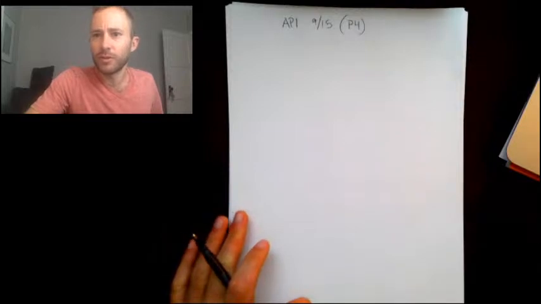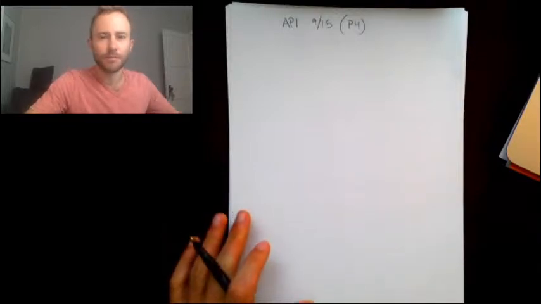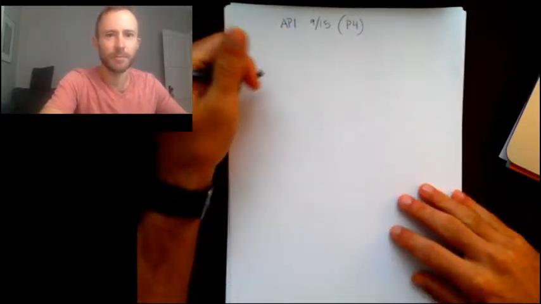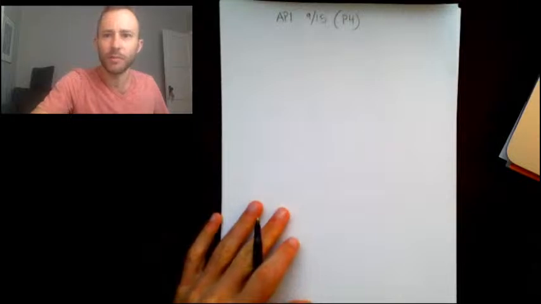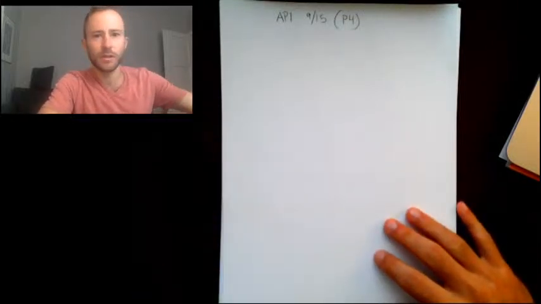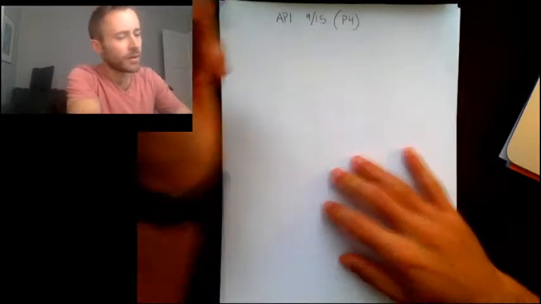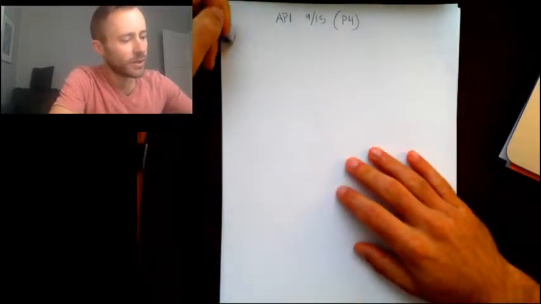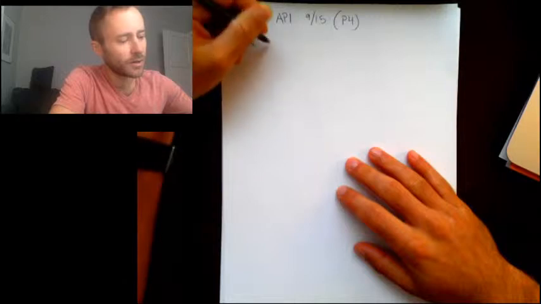So the first thing I want to talk about is a concept from math, and it's used in physics. This concept is called area under the curve.